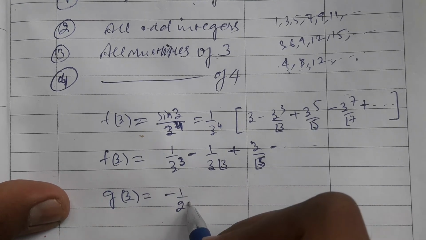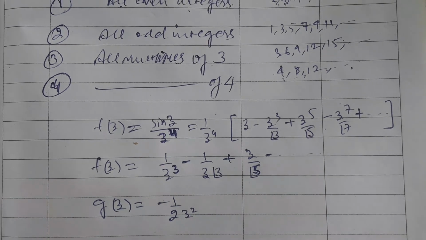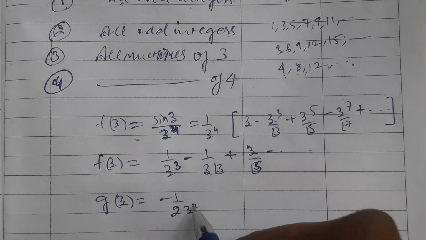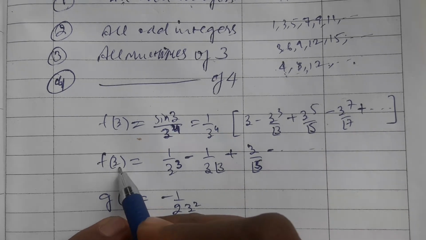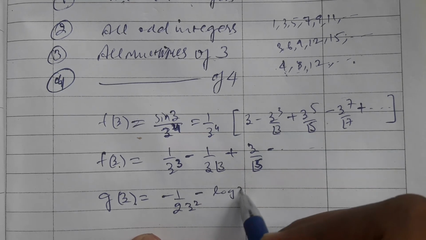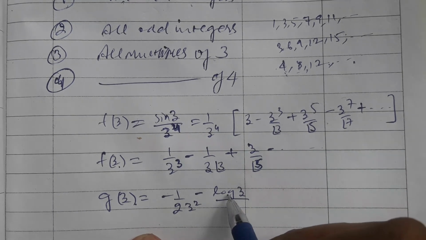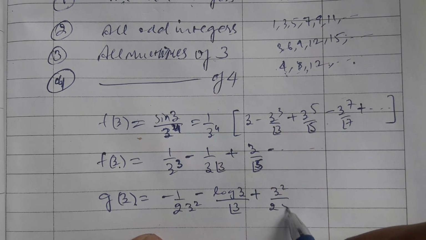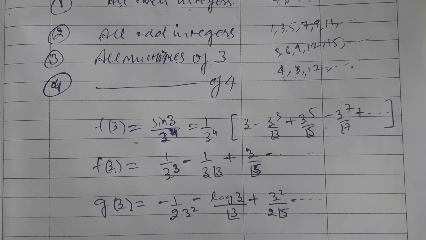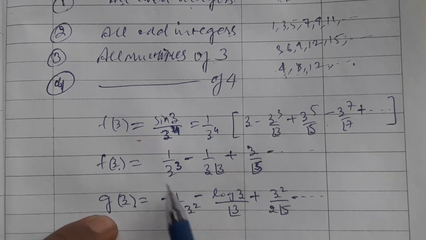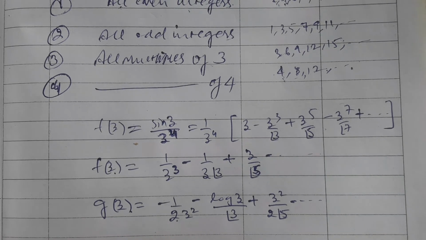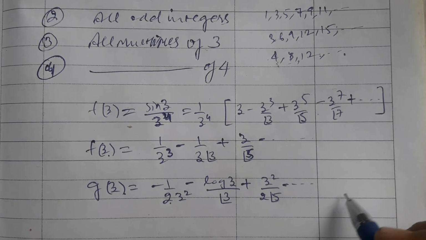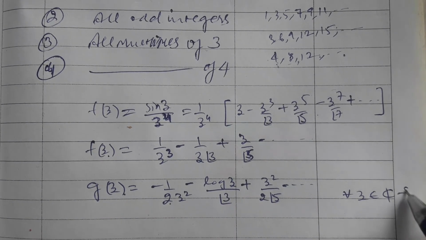So 1 upon 2z square becomes z to the power minus 2, and the minus and plus 2 cancel. I should construct it in this way so that the derivative of g of z is f of z. Clearly I have constructed it this way. Now, for every z belonging to C minus 0.